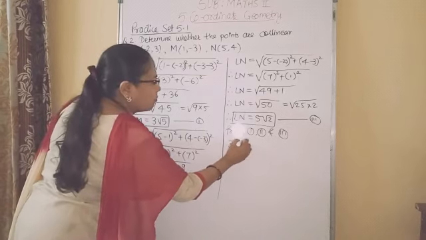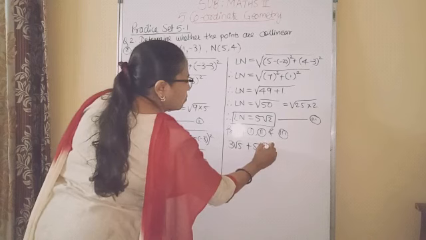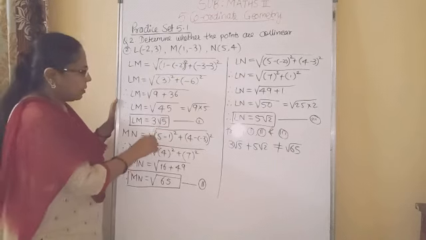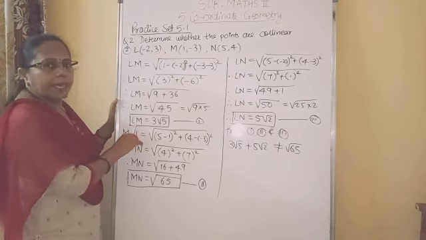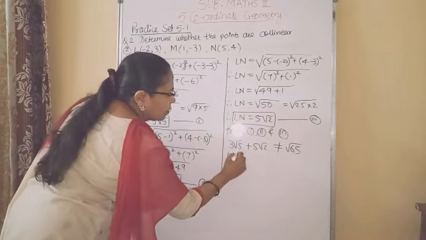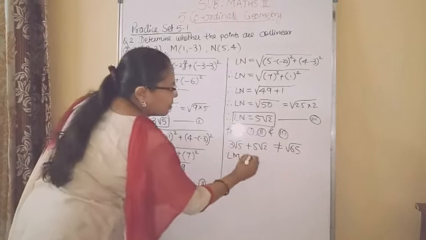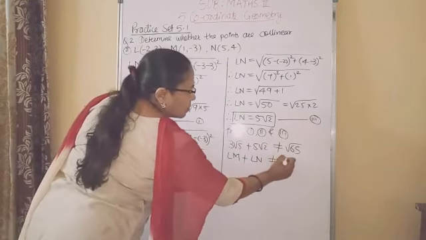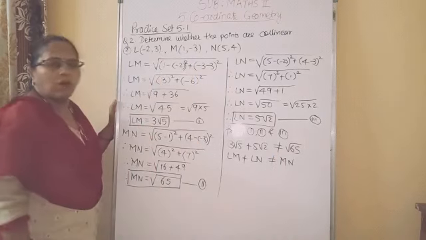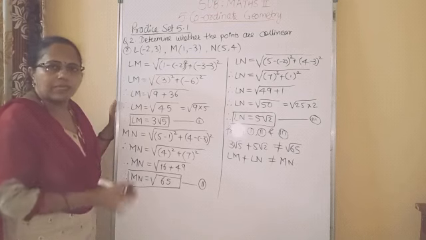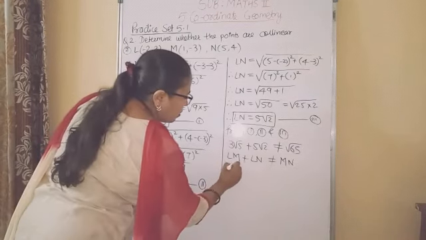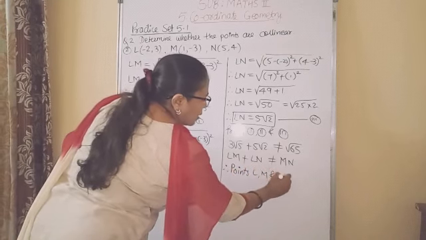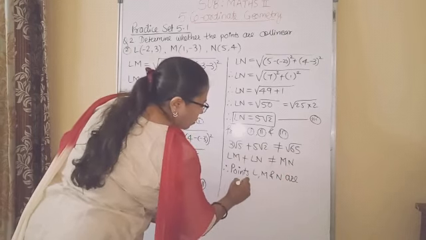See, 3 root 5 plus 5 root 2 is not equal to root 65. 3 root 5 is the length of segment LM. So LM plus LN is not equal to MN. So we are not getting the betweenness relation. So these points are not collinear. Therefore, points L, M and N are non-collinear.